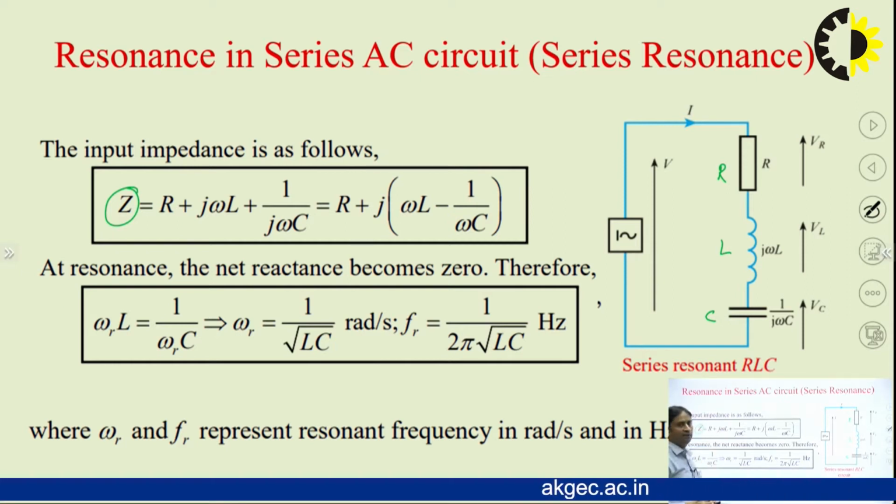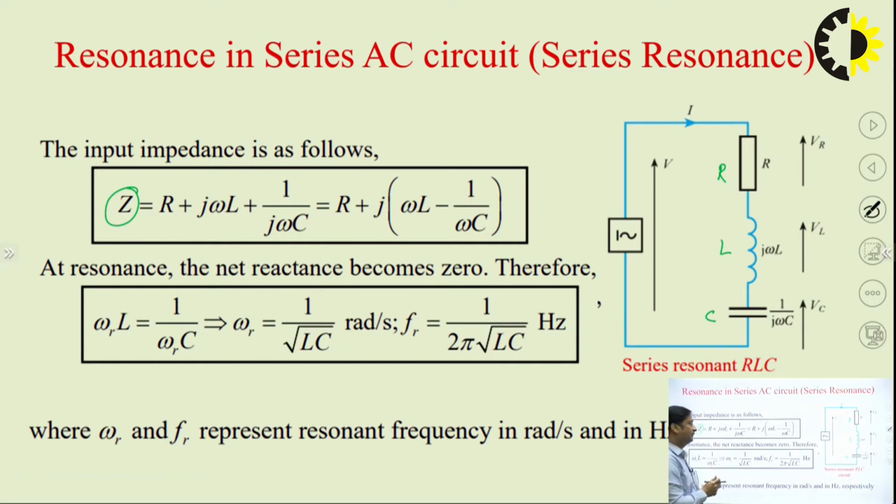At resonance, the net reactance becomes zero. That means this imaginary part becomes zero, because whenever resonance occurs, the voltage and current are in the same phase.